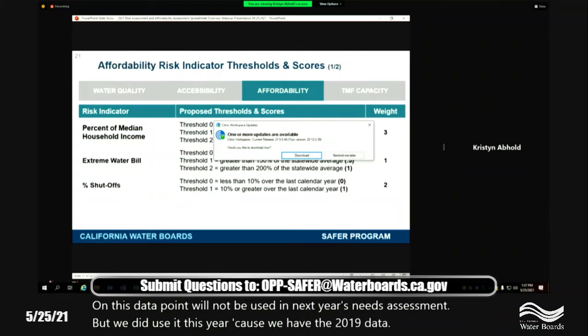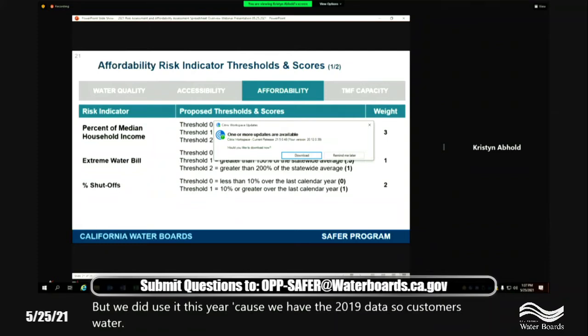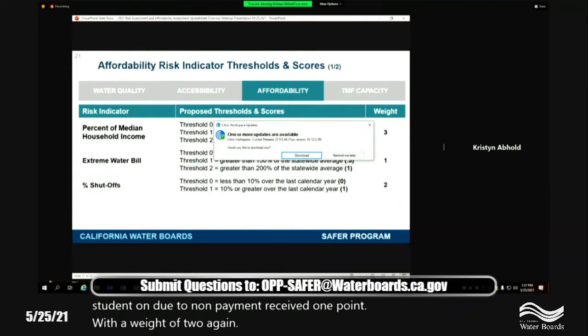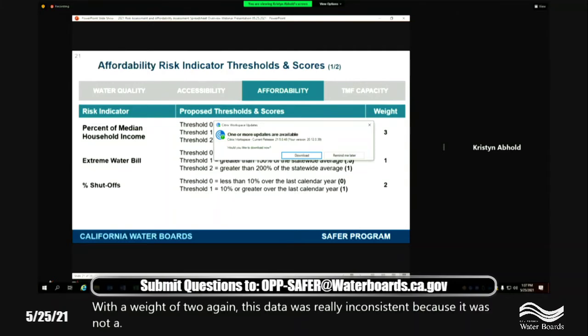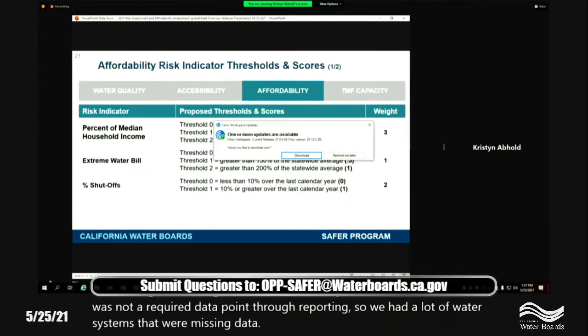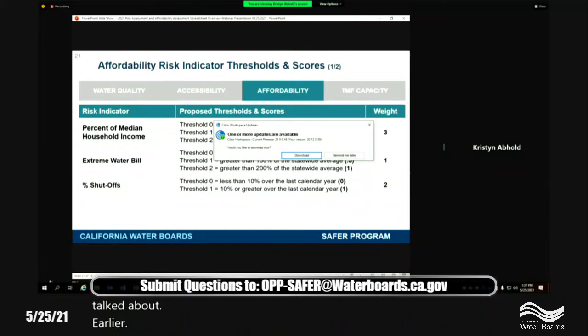So water systems that had 10% or more of their customers that experienced shutoffs due to non-payment received 1 point with a weight of 2. Again, this data was really inconsistent because it was not a required data point through reporting. So we had a lot of water systems that were missing data in this category. So that methodology I talked about earlier about how we shifted the calculations was used a lot for this category.